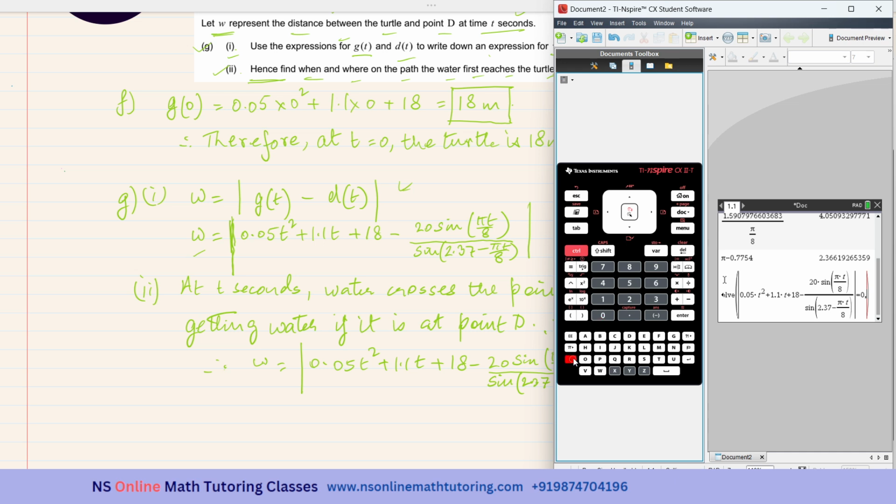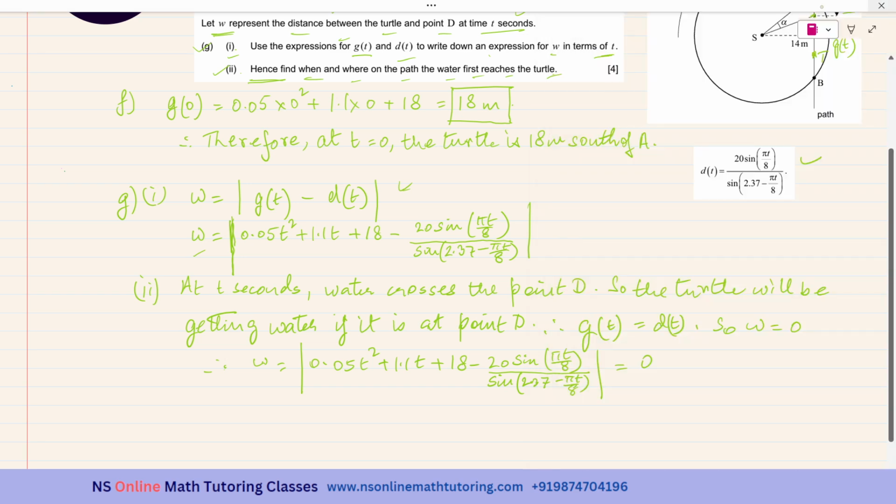And comma, I have to declare the variable, it is t, and I move out. T should be greater than 0. Let me say that also. I don't know how many values will be there for t. So let me give the condition. T is greater than 0. Let's see what happens. Okay, it is 3.3488. So, or I need where also.